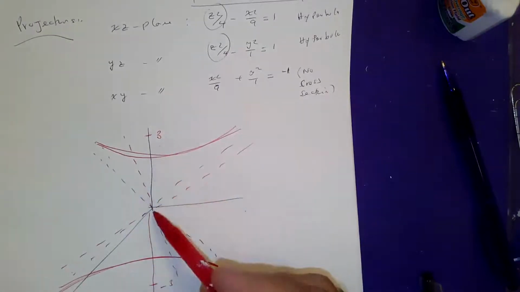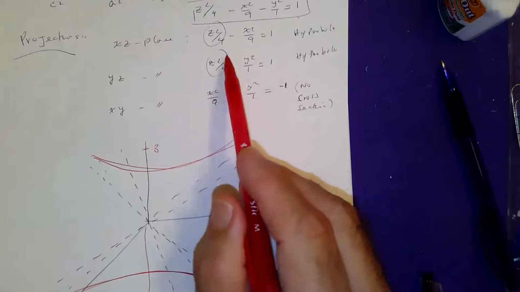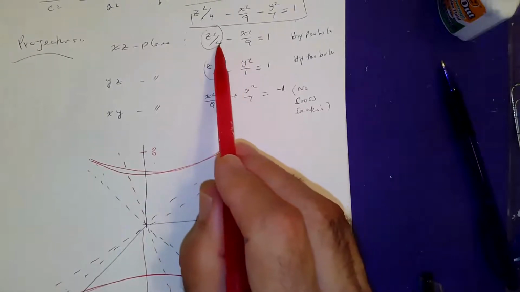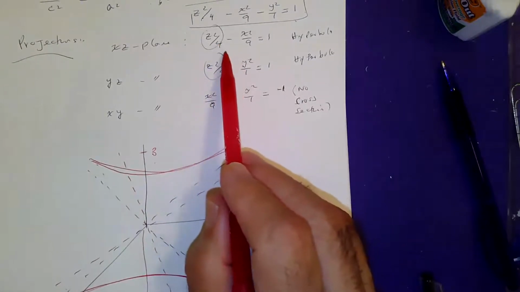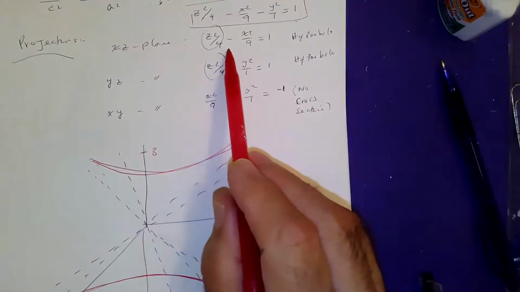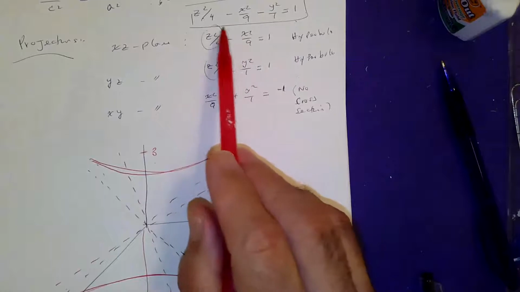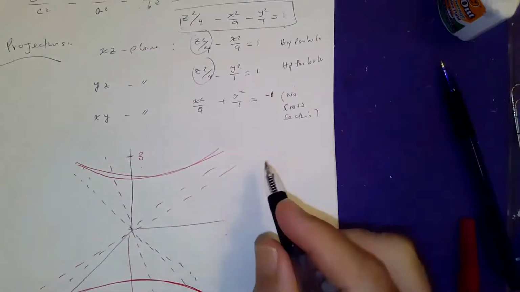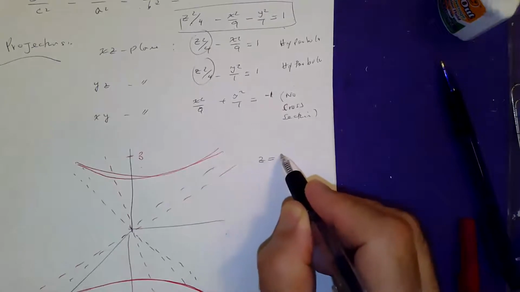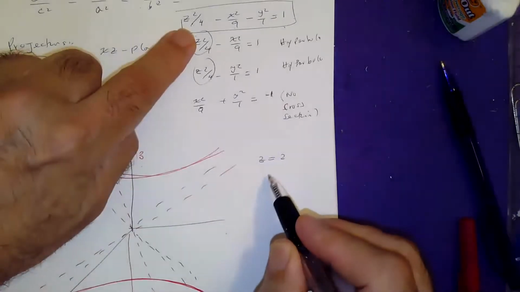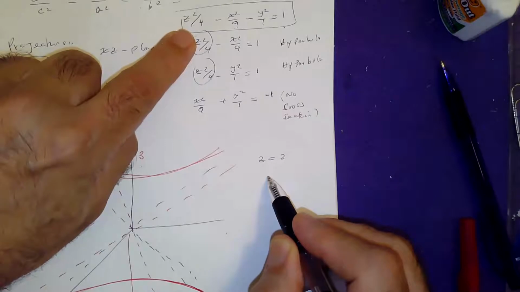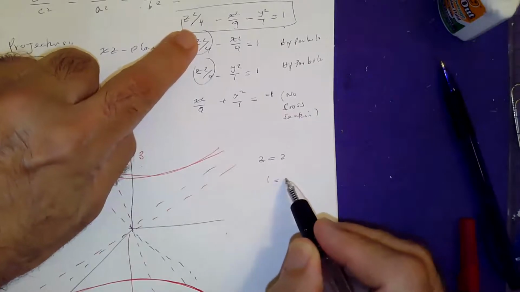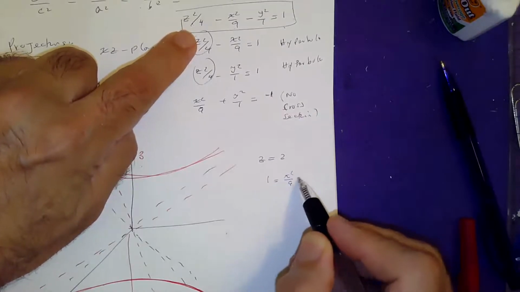I couldn't use 1 because, how would I say this? If you use a number less than 3, that will not work. For instance, if I say z is equal to 2, notice that would be 4 over 4, which is 1. So I get like this.